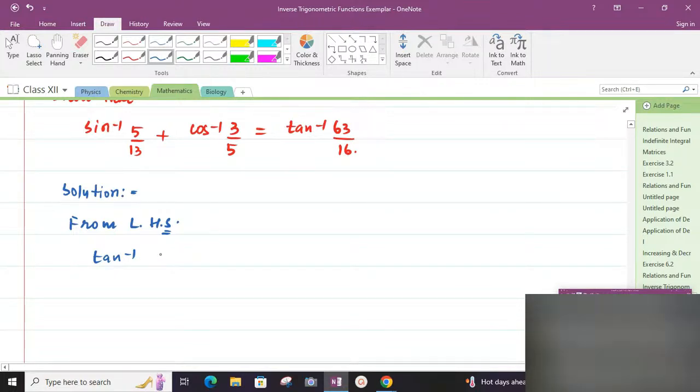So we write down here 5 by b, and b equal to root of 13 square minus 5 square, plus we convert this one cos inverse into tan inverse, then we write down here tan inverse, and we write down here p by b.